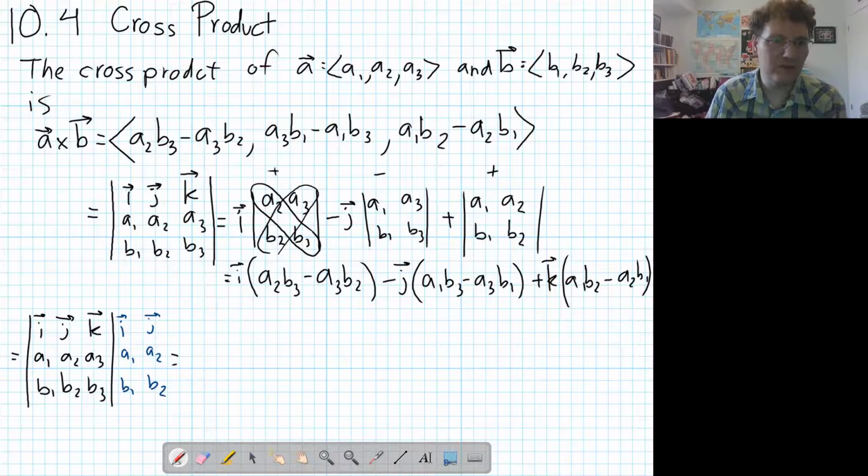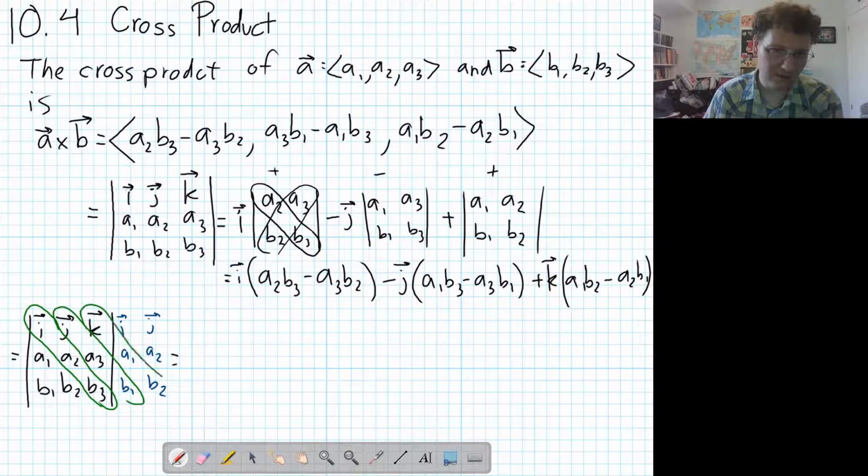What I'm going to do is have three products that are going to be positive. So this product, that product, and that product are going to be positive. So we have i times A2 B3 plus j times A3 B1 plus k times A1 B2.